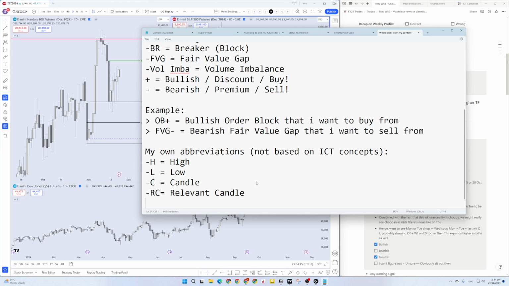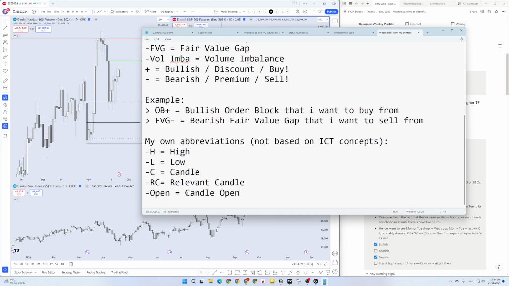What else? High, low, open. Open actually just means candle open. Recall when you look at a candlestick, you are looking at OHLC, open, high, low, close, or open, low, high, close. So the open here just means candle open.